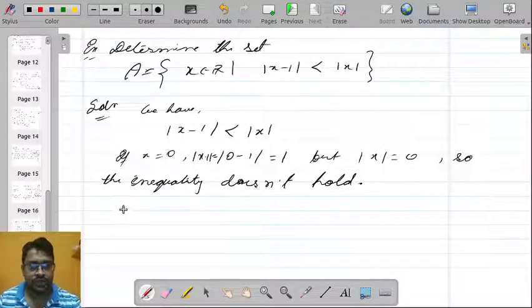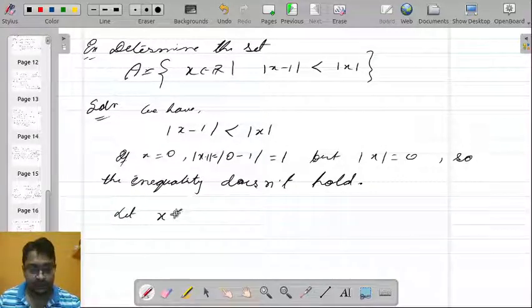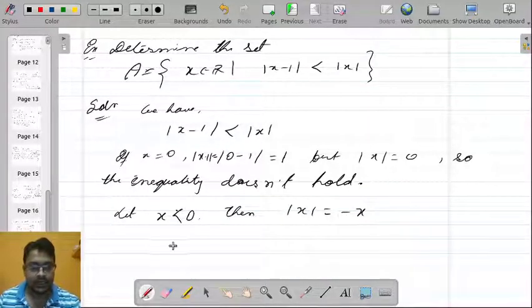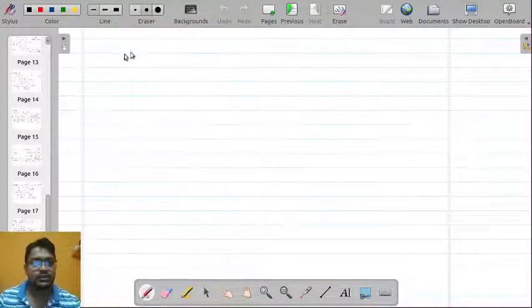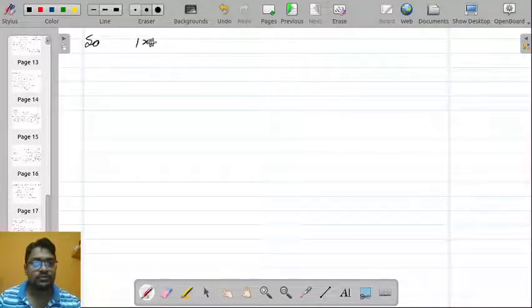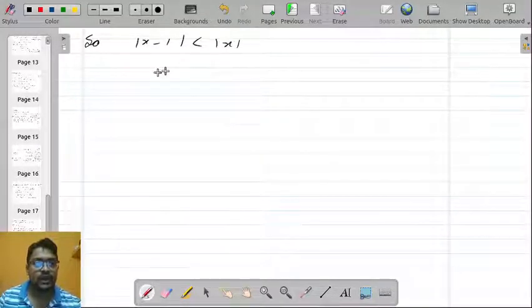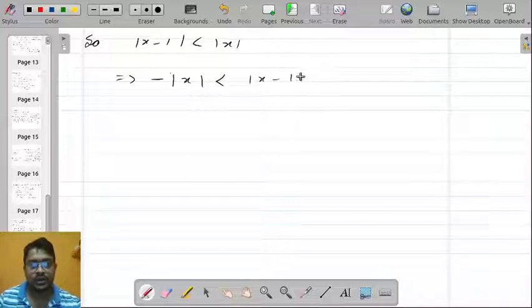Okay, so let x be, say, less than 0. Let us consider the less than 0 case. Then your mod x is the same as minus x. So if we have this, mod of x minus 1 less than mod x implies that minus mod x is less than x minus 1, and this is less than mod x.